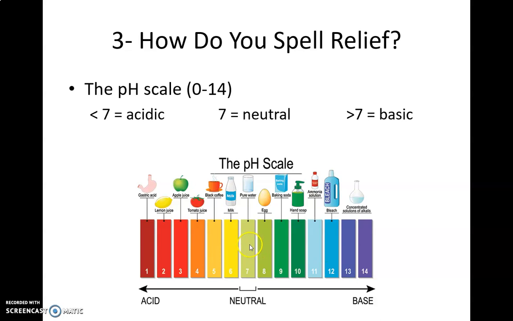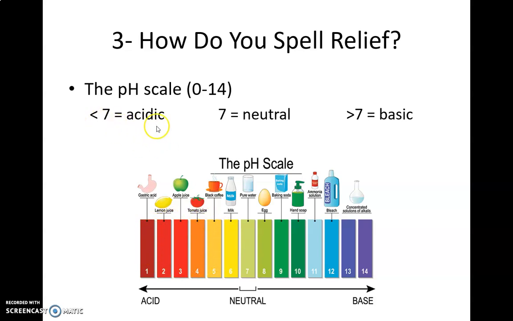But on the pH scale, it actually starts here in the middle, where we have a pH of 7, and this is what's considered a neutral pH. So something like pure water would have a pH of 7. And then as we move away from 7 towards the left, down towards the smaller numbers, this is what's referred to as the acid side of the pH scale.